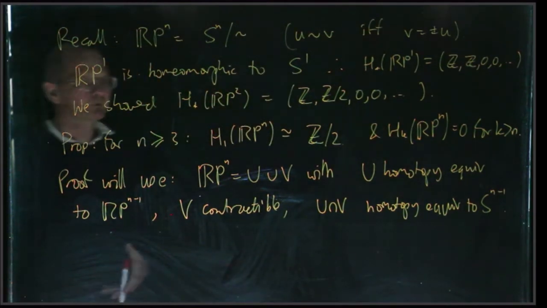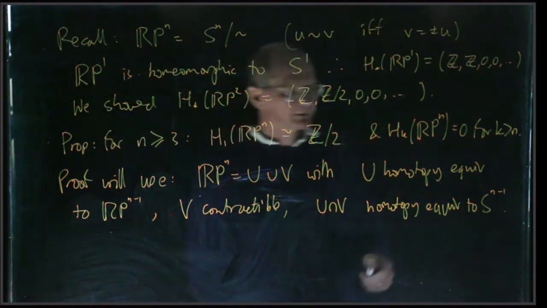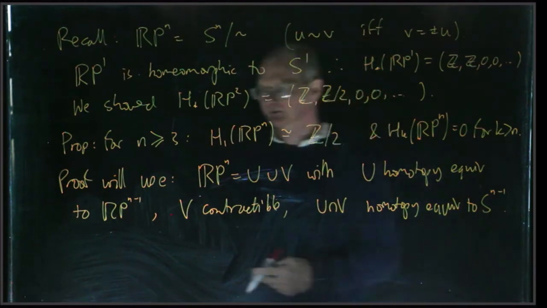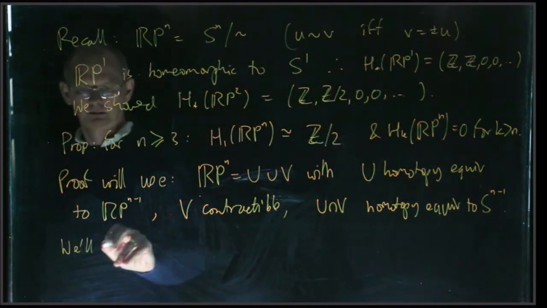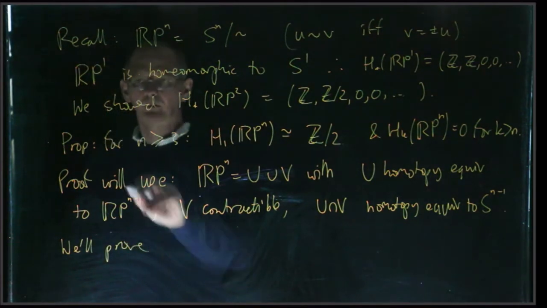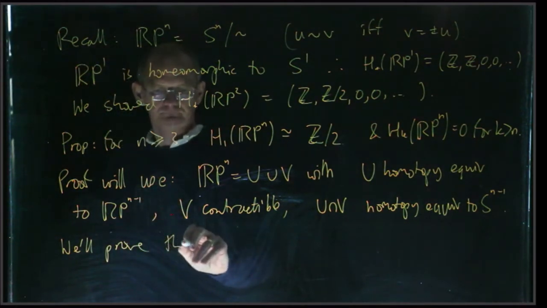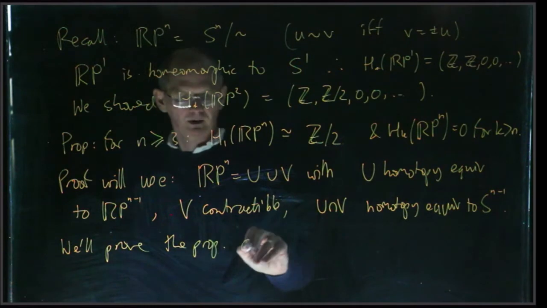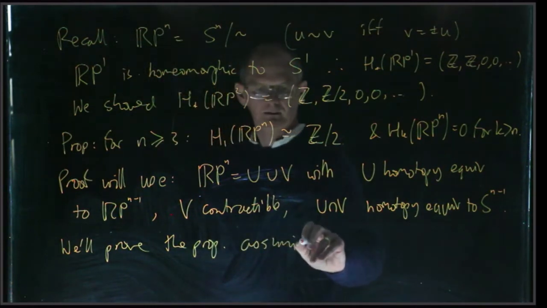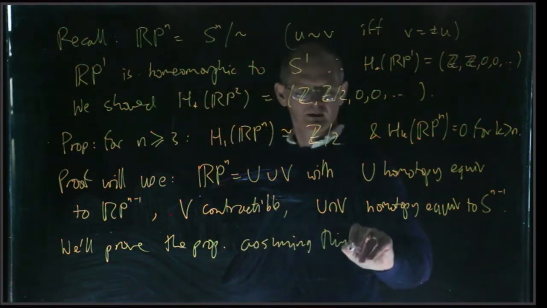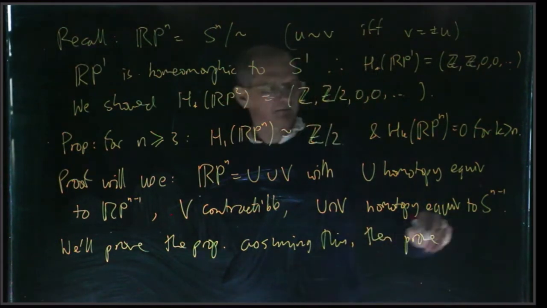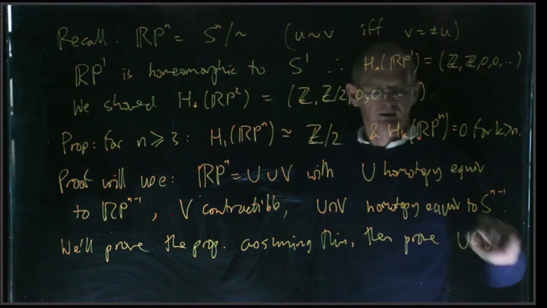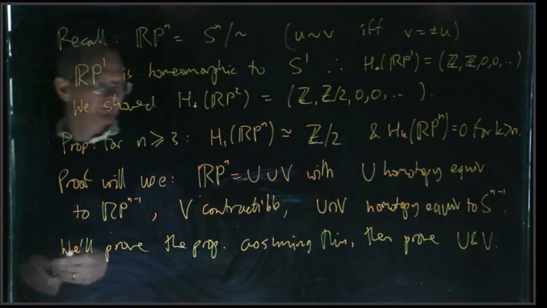So I think what we'll do is the homological argument first, just assuming these things. We'll prove the proposition assuming this, and then prove the claims about these U and V.